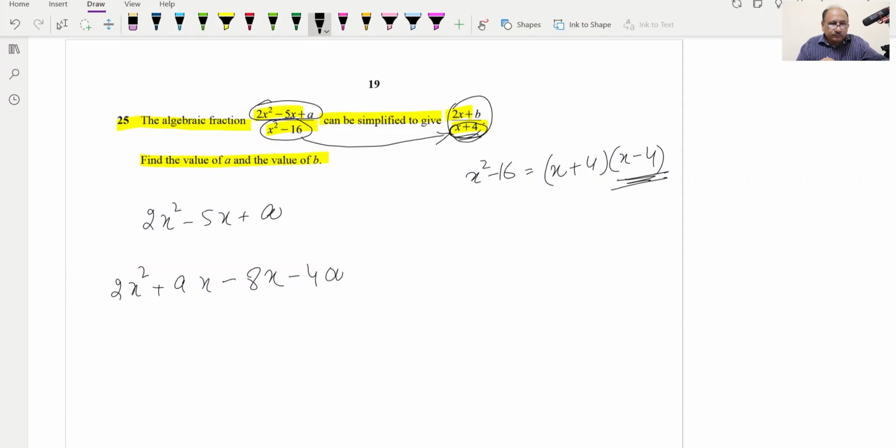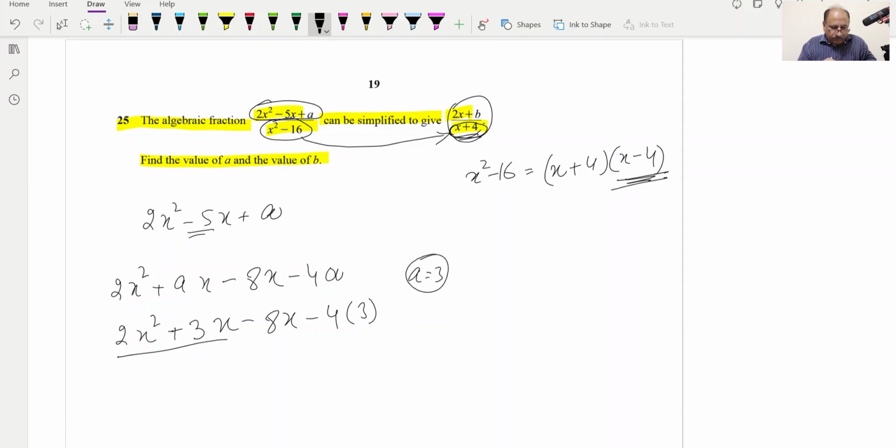So this will be what we need, something over here, so that we should get 5, and we can write 2x square plus, if a value is 3, then only we can get answer of this one will be 5x. So it will be 3x minus 8x and minus 4, and a will be 3. So we have taken a is equal to 3.